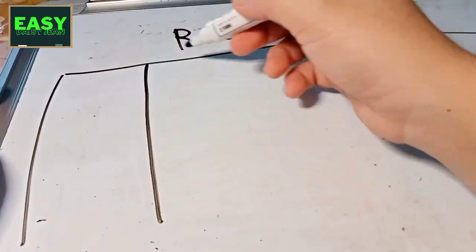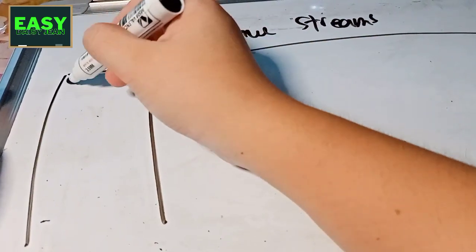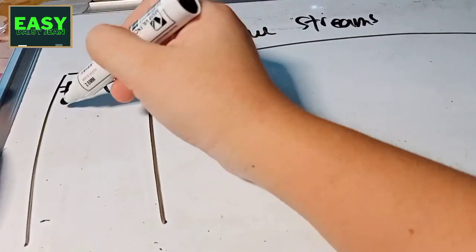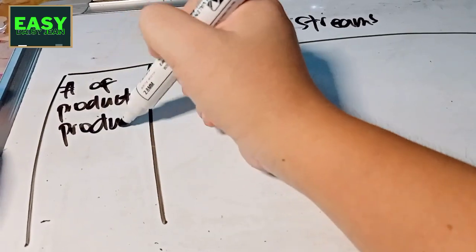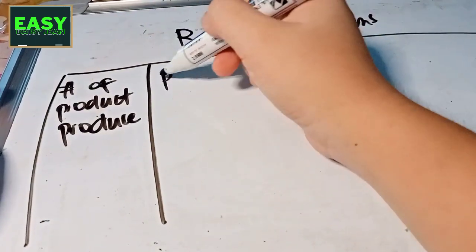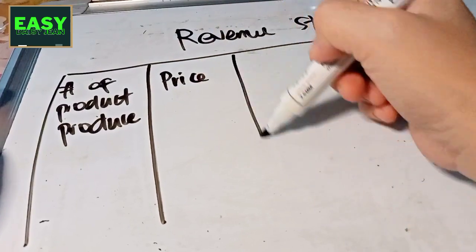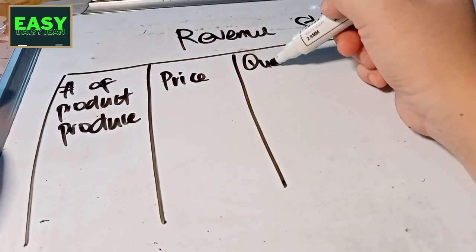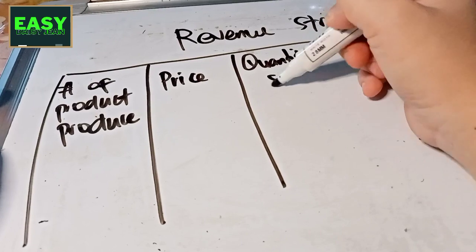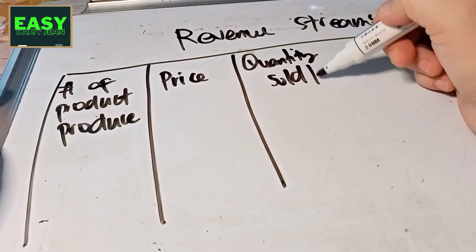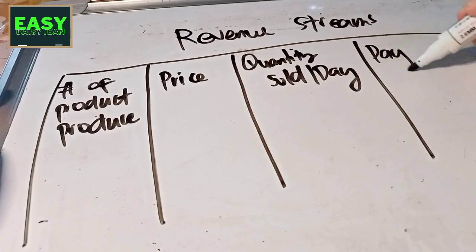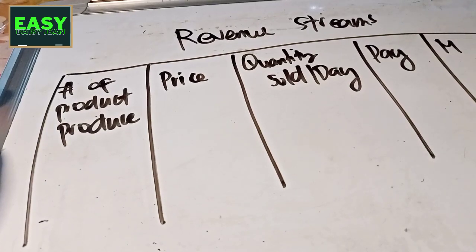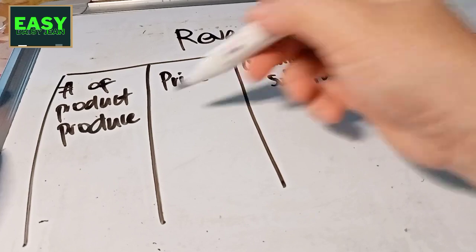First, the number of products produced, and then the price of the product, the quantity sold per day, then the amount per day, per month, and per year.